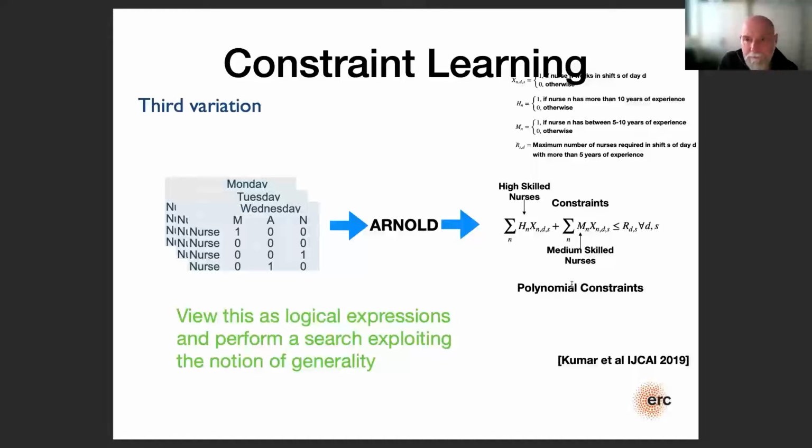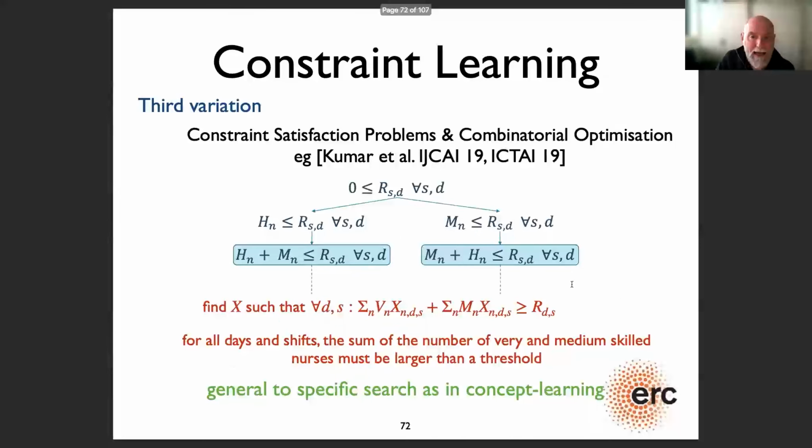and we've done that to look at this kind of integer program problems where you have, again, this nurse rostering, for instance, as data. And then you want to find this kind of polynomial constraints that are indicated on the right hand. And what you can do there is a kind of top-down search to find constraints that hold.